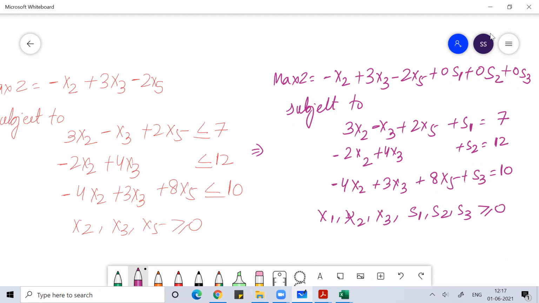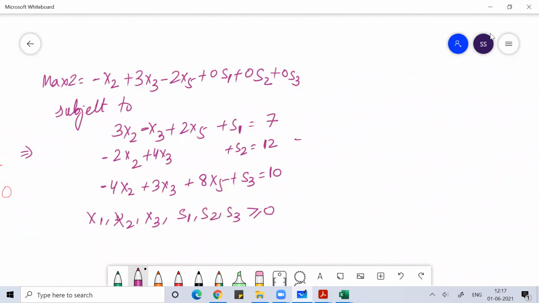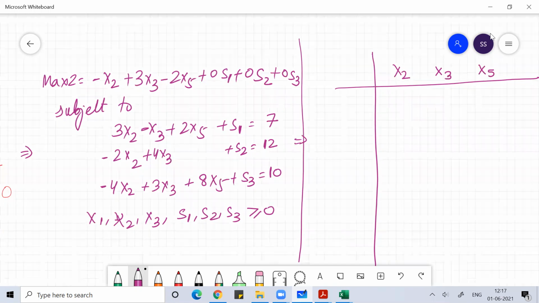So once you got this, now what we'll do, we'll solve this problem by using the tabular method. So here I'll write x2, then x3, then x5, then s1, s2, s3.